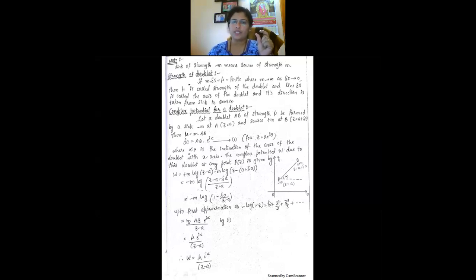So that is Z. Z in the sense your Z is delta A divided by Z minus A. So the value of delta A divided by Z minus A is written here. Delta A value is replaced by AB into e to the power of I alpha and m into AB is nothing but mu. That is nothing but your complex potential for a doublet. Okay.